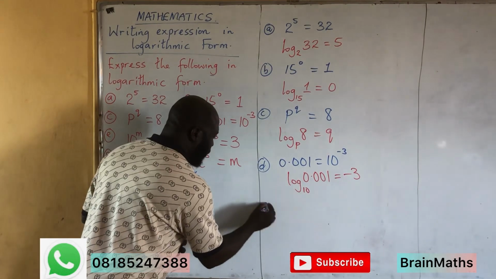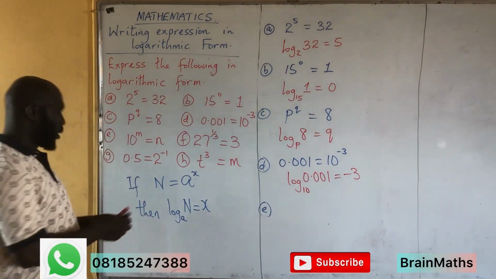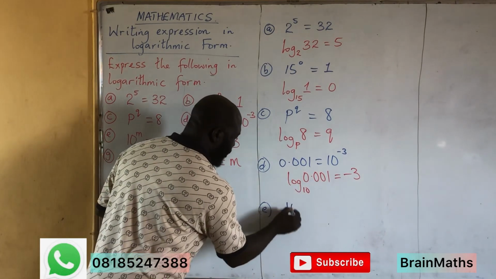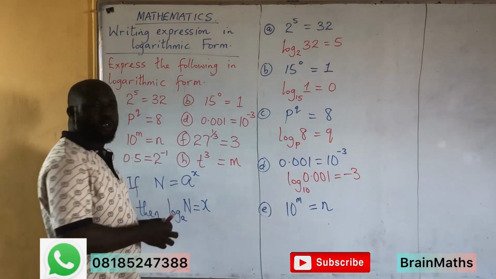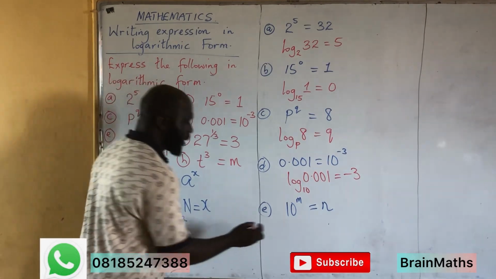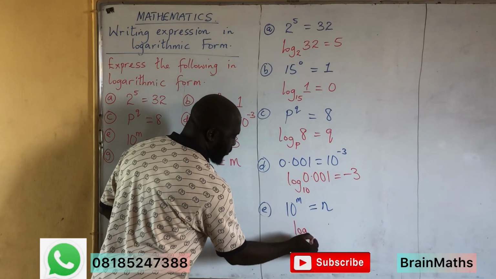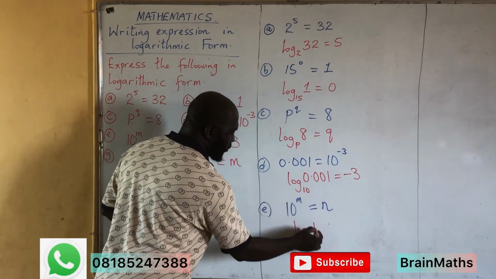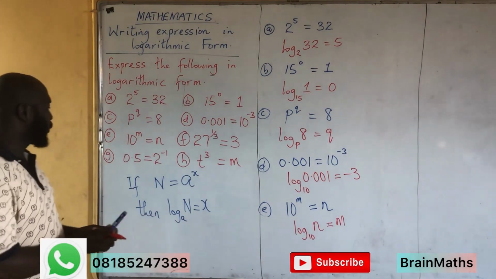And the fifth question on the board is 10 raised to power m equals n. Still following the rule, this leads us to logarithm to base 10 of n equals m. That is the fifth question.